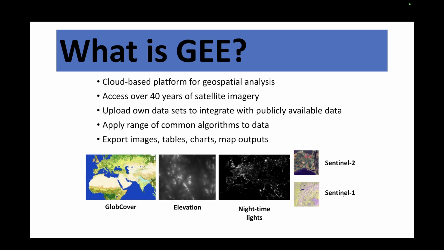It can be drone imagery, SPOT satellite imagery, Maxar satellite imagery, or different types of commercial satellite imagery, which we can easily upload to Google Earth Engine. Further, we can apply different types of algorithms, and finally we can easily export images, tables, charts, or map output. So this is the overall summary.